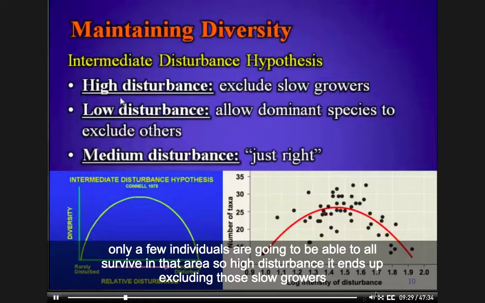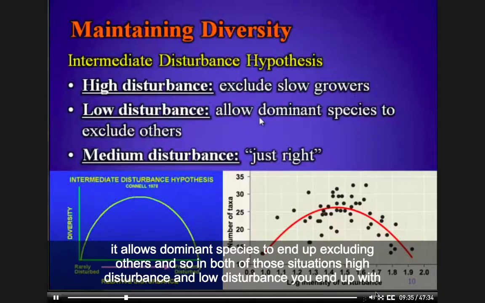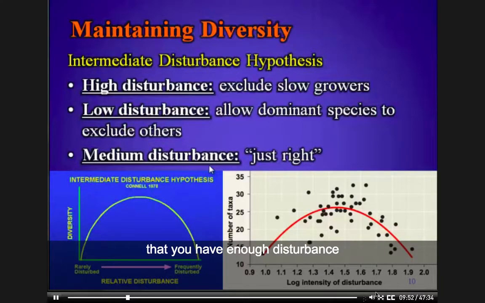So high disturbance ends up excluding those slow growers. But if there's a very low amount of disturbance, it allows dominant species to end up excluding others. And so in both of those situations, high disturbance and low disturbance, you end up with a low diversity of animals.